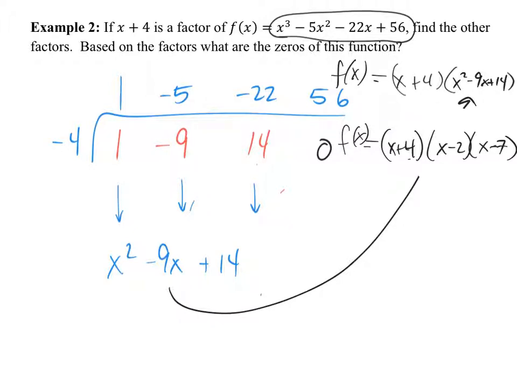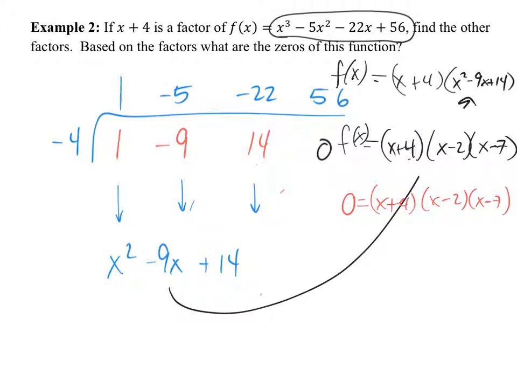Now, if that's the case, what are the zeros of this function? What are the zeros? -4, -2, and 7. How do you find the zeros of a function? You set the function equal to 0. And then make your little t-chart.